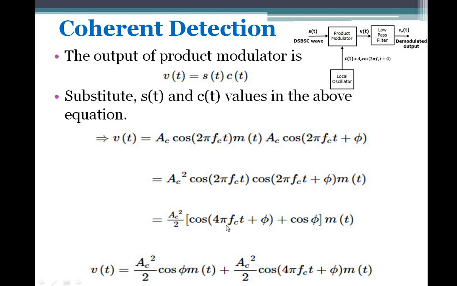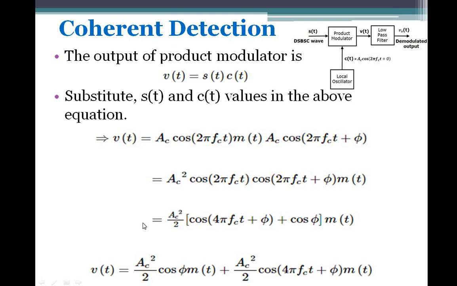I hope you are clear. So the answer is Ac square by 2 cos phi m of t, this first one, plus Ac square by 2 cos (4 pi fc t plus phi) into m of t.